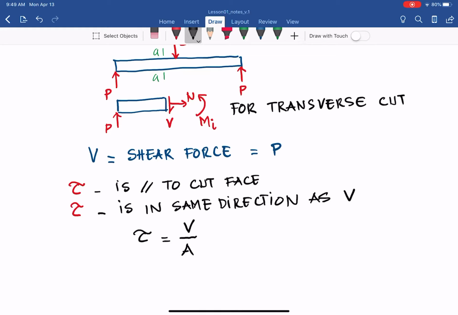In this case, the shear force equals P, so it will be P over A.